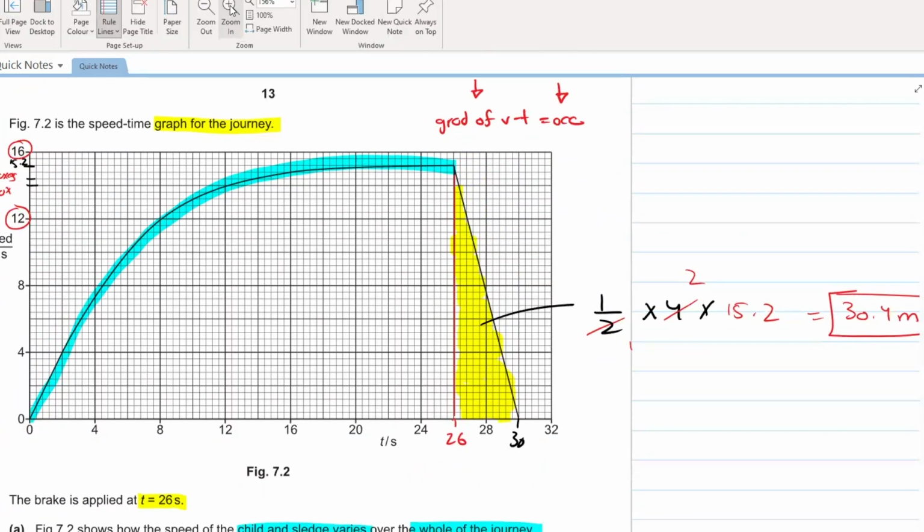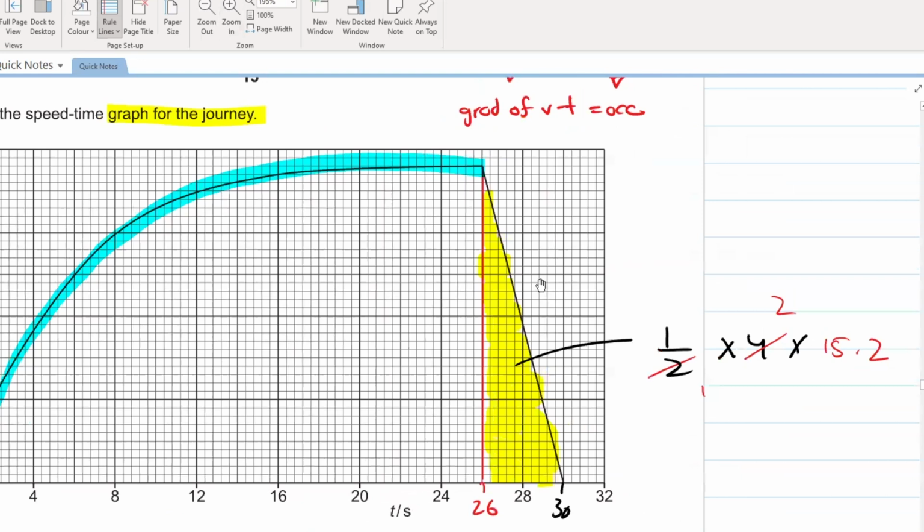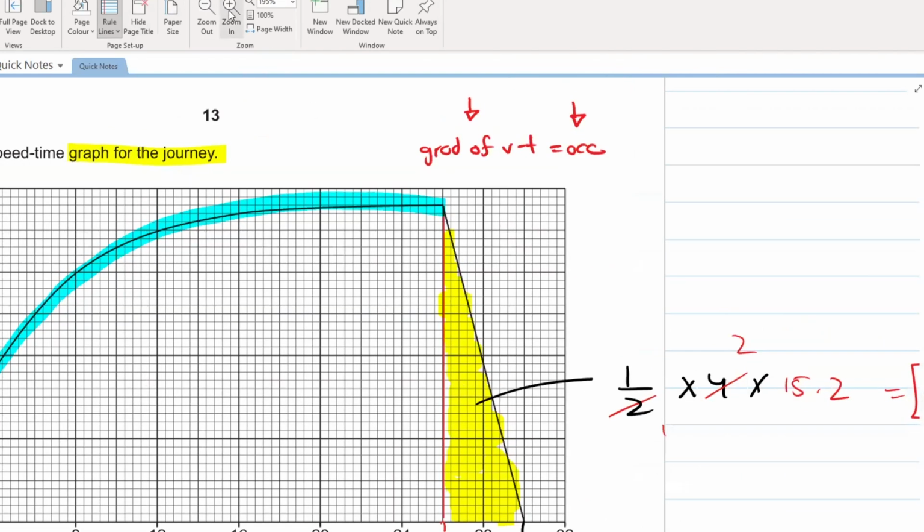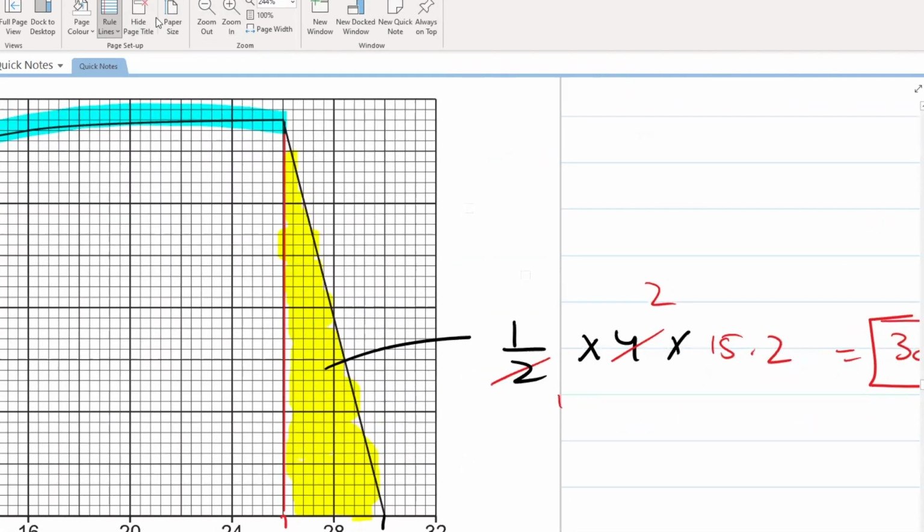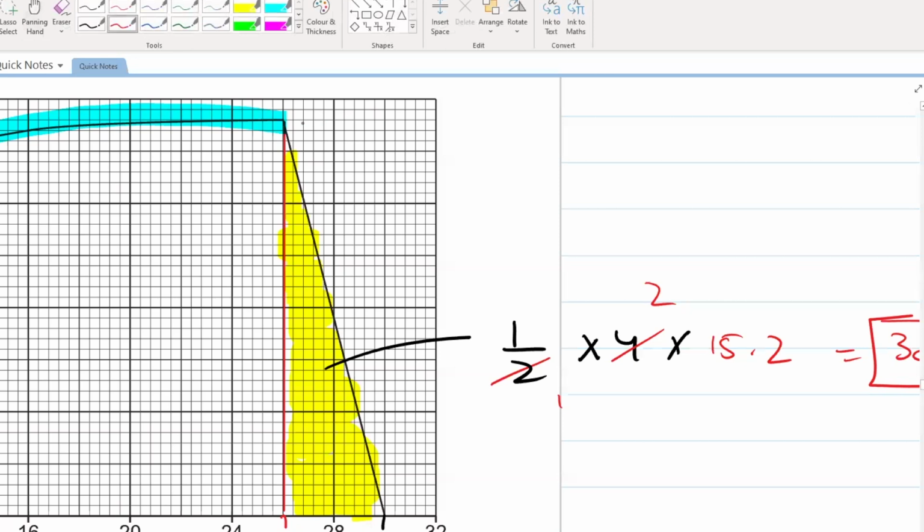Very, very, very easy. You will take 2 points. The first point will be this, that is x-axis 26, y-axis 15.2. The second point will be what? X-axis 30, y-axis 0. Can you calculate the gradient here?